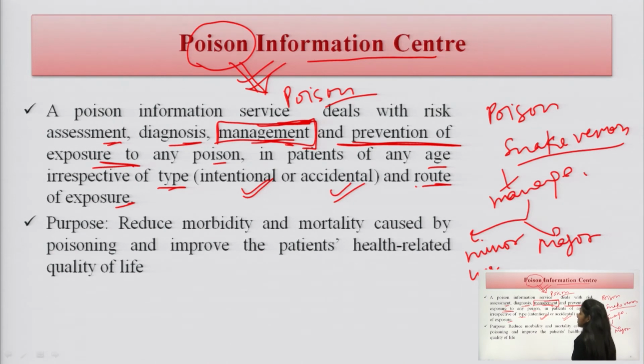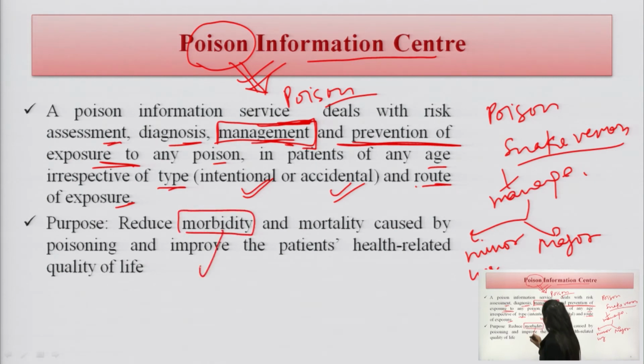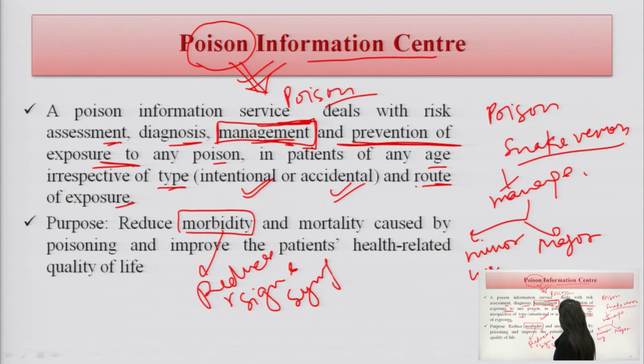The basic purpose of the Poison Information Center is to reduce the morbidity, meaning to reduce the signs and symptoms, and to treat it. Any person can ask a query and get information about the management related to the poison.